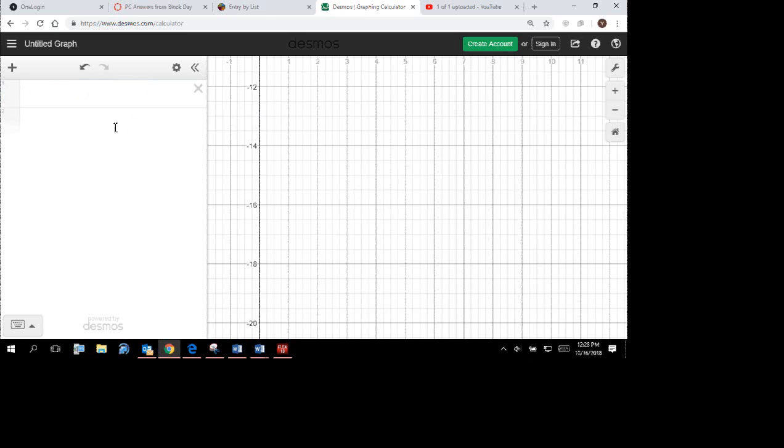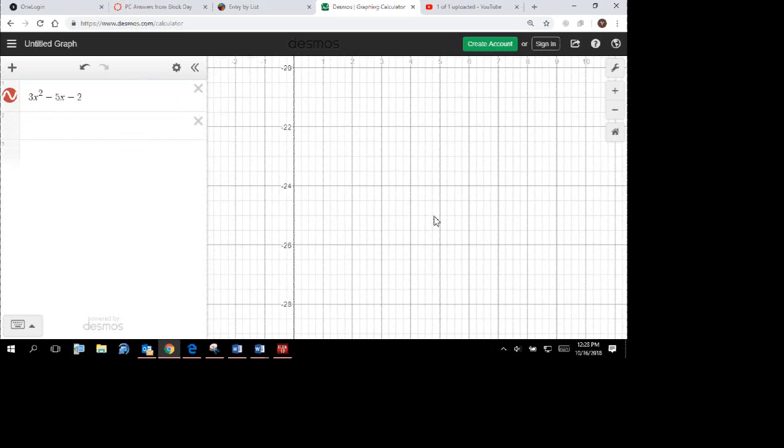That one that we had just done prior to that, 3x squared minus 5x minus 2. It was equals 0. If it doesn't show up, it's because I'm way in the wrong spot.